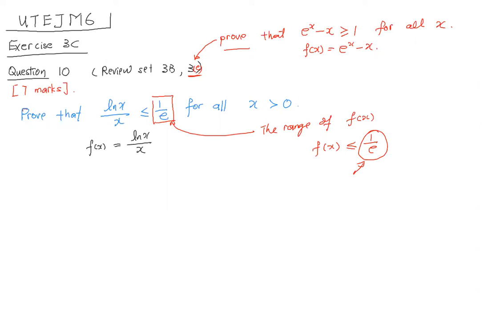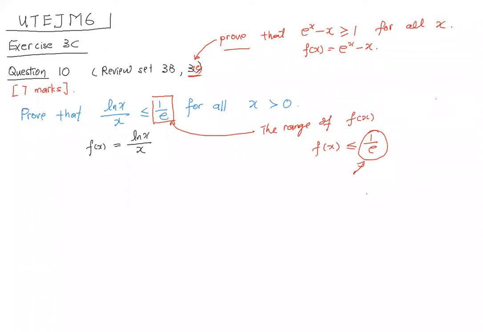So what should you say? The function is always greater than 0? Are you sure? The function is always less than 1 over e. Let me give you an example.